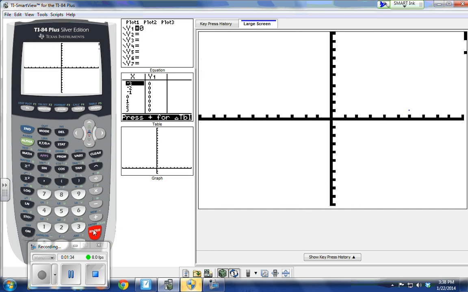We enter, and notice now we're going from -10 to +10 here, and -10 to +10 here. So x min is -10, x max is +10, y min is -10, y max is +10, and the tick marks are 1 unit apart. So we say that the x scale and the y scale are both 1.